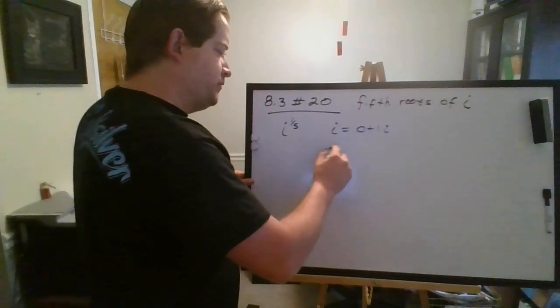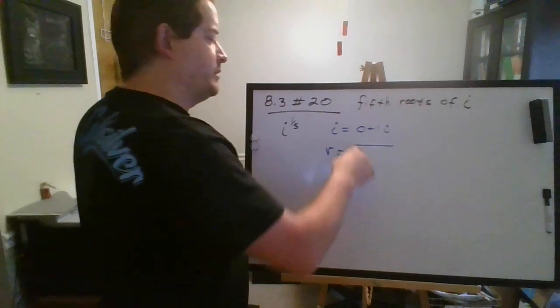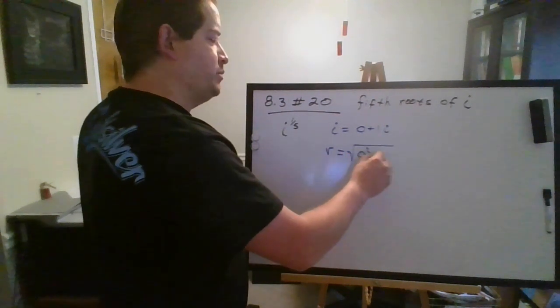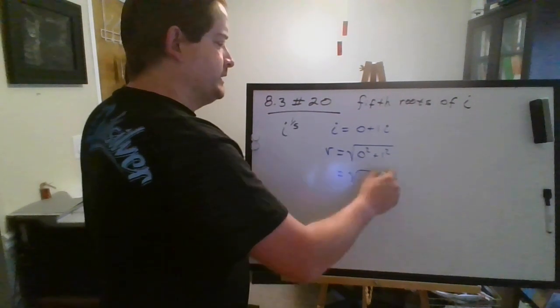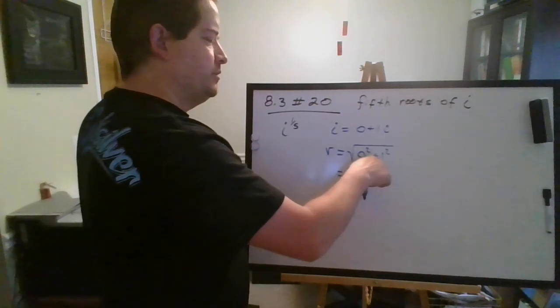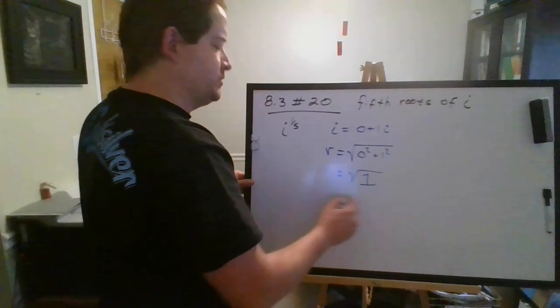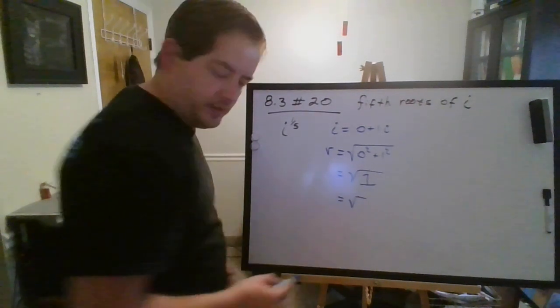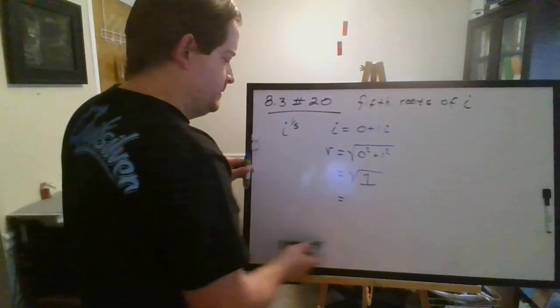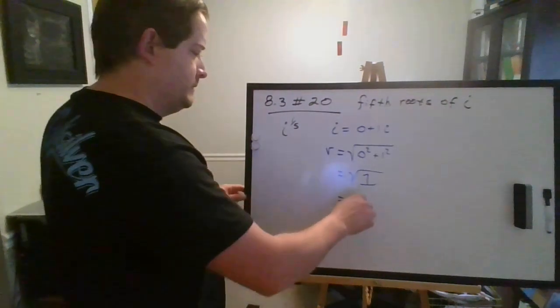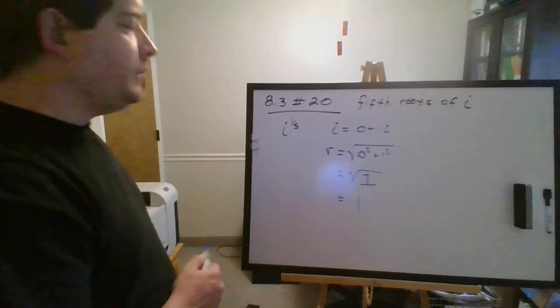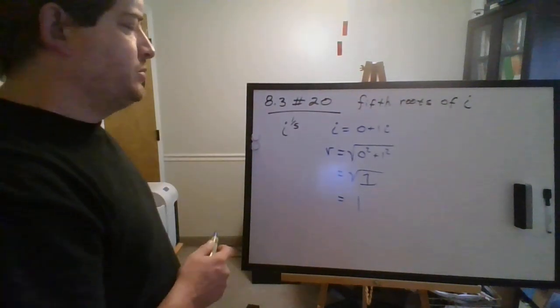And so if I want to find the r associated with I, that would be the square root of 0 squared plus 1 squared. 0 squared is still 0, 1 squared is still 1, so that's just a 1 under the square root, and the square root of 1 is 1. So I've got my r as 1.